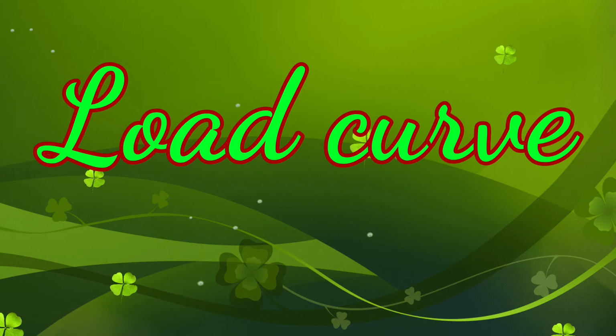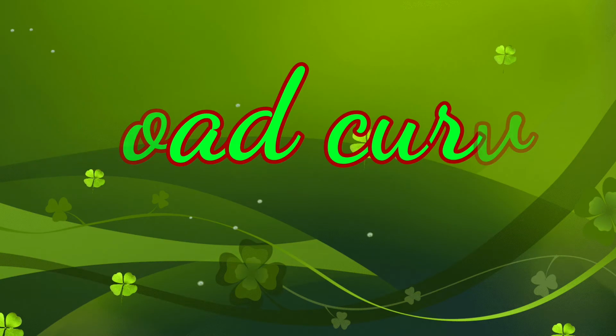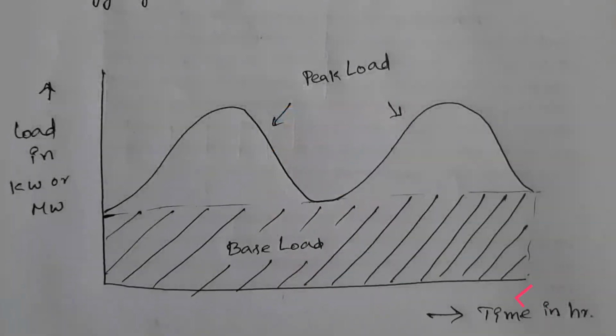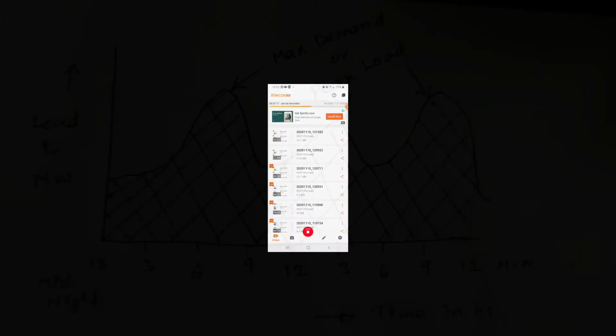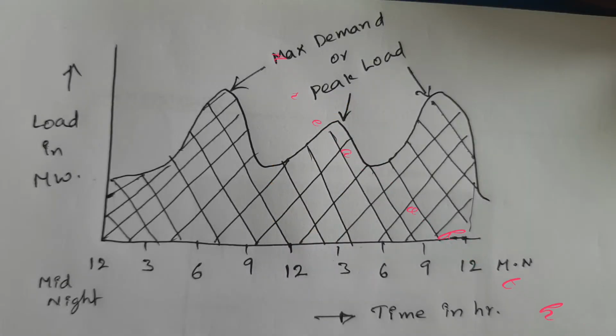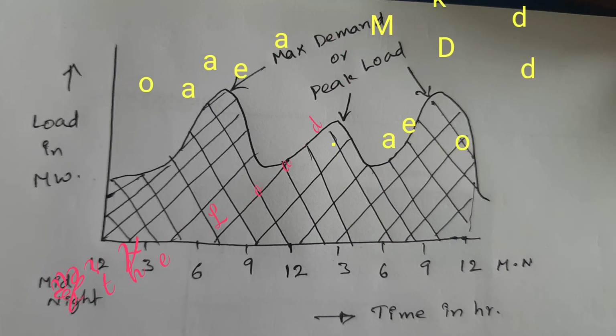Today we will see about load curve. The load curve showing the variation of load on the power station with reference to time is known as load curve. The load on a power station is never constant. It varies from time to time.